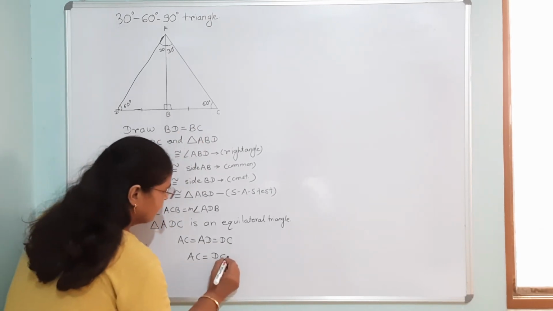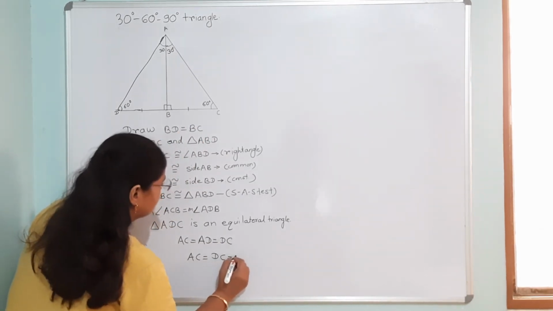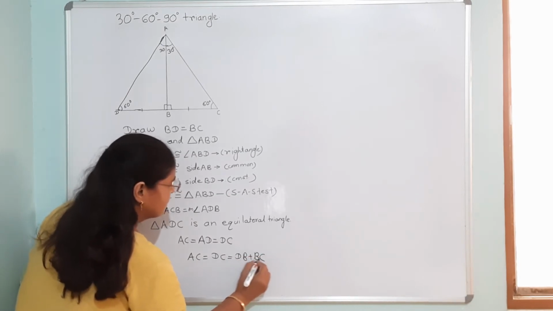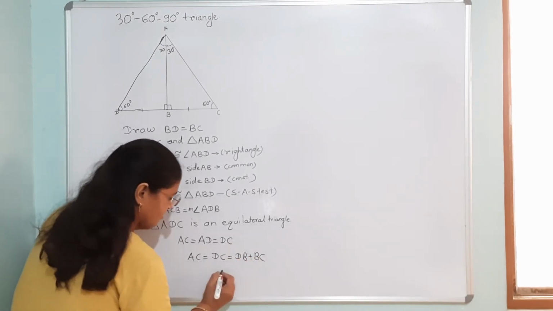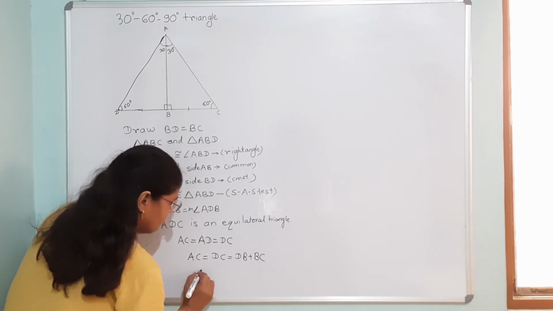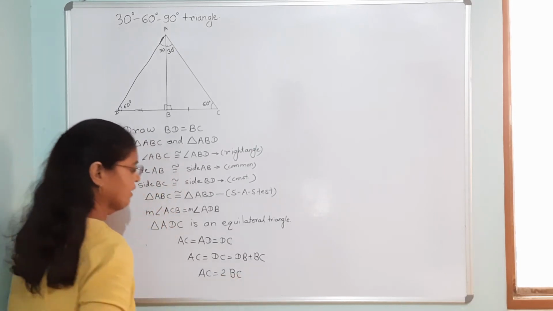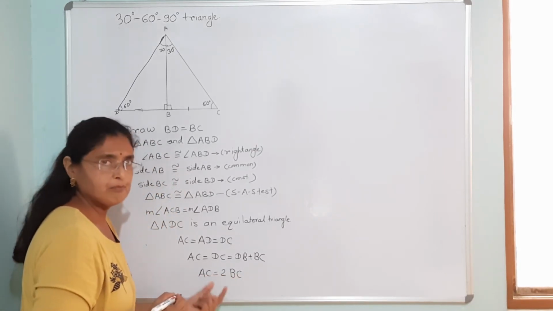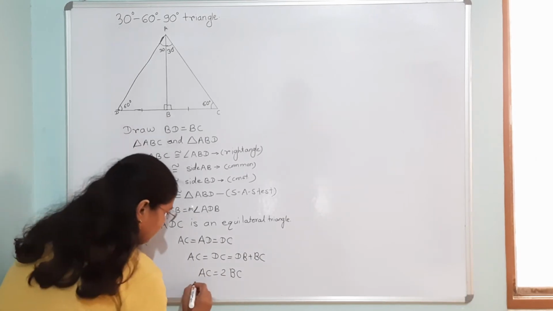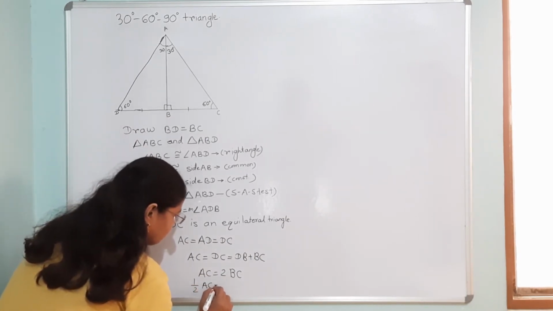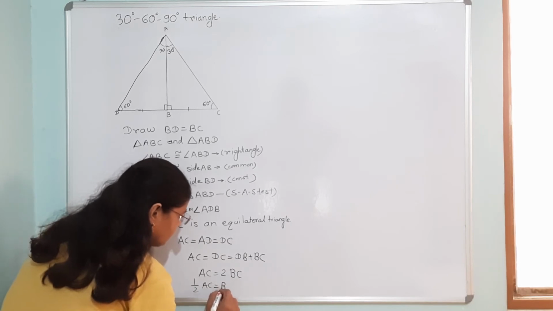That means AC will be equal to twice BC. And if we divide both sides by 2, we will get 1 upon 2 AC is equal to BC.